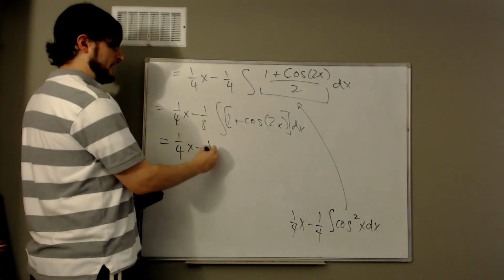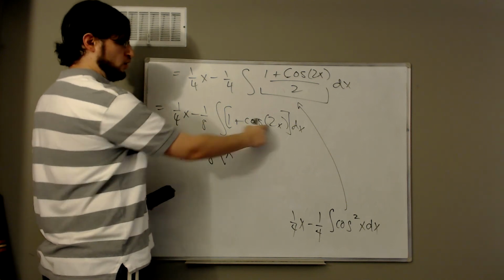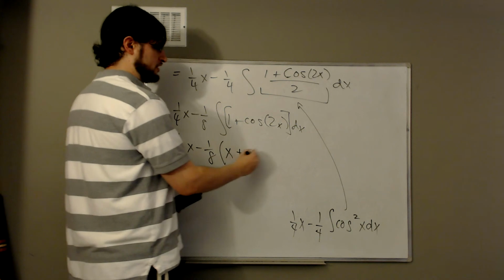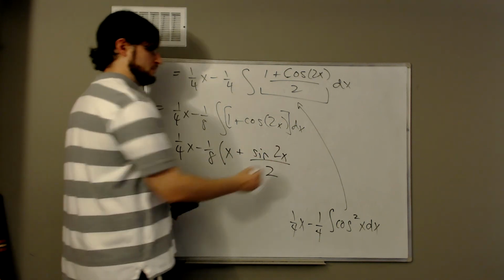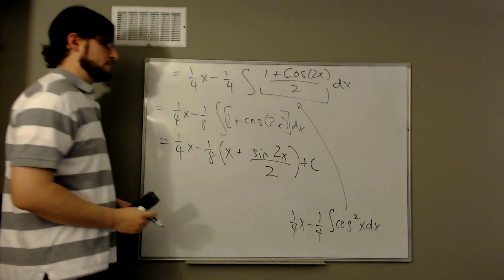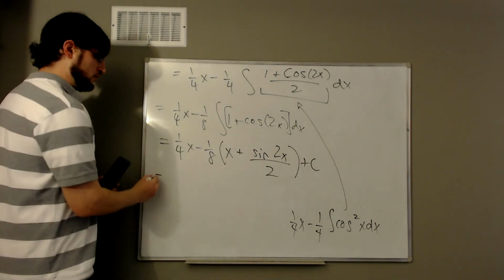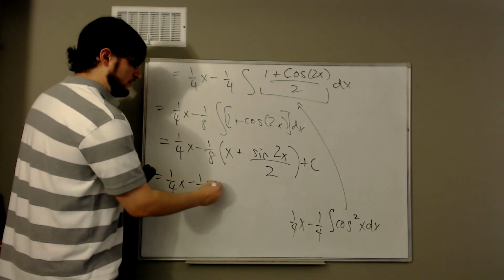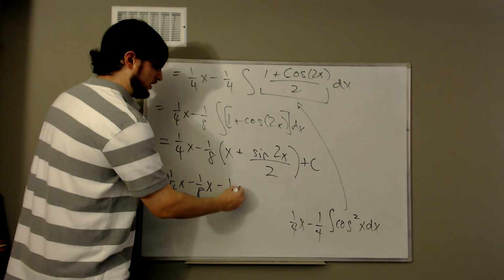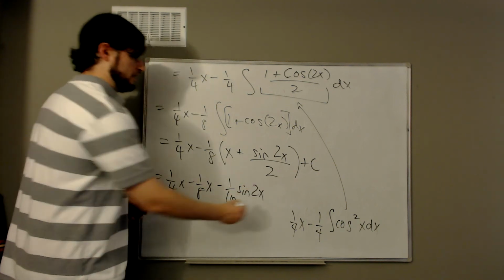One integrates to x. Cosine 2x integrates to sine 2x divided by 2. And so 1/4 x minus 1/8 x minus 1/16 sine 4x. And that's the answer.